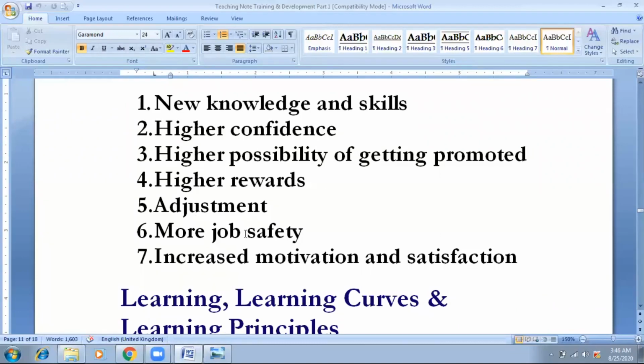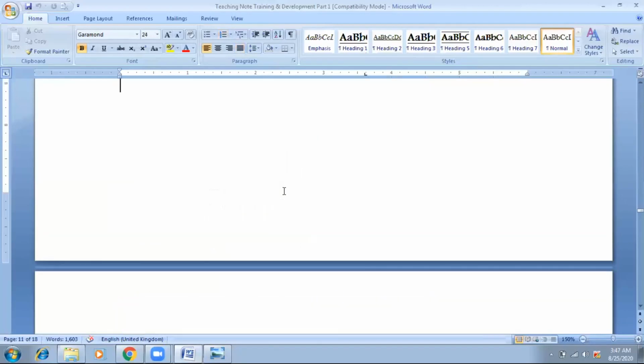In the case of a non-trained employee there is less job safety, but if the employee is a trained one, normally the organization doesn't like to terminate a trained employee. Then increased motivation and satisfaction. These are the advantages of training and development from the point of view of employees.